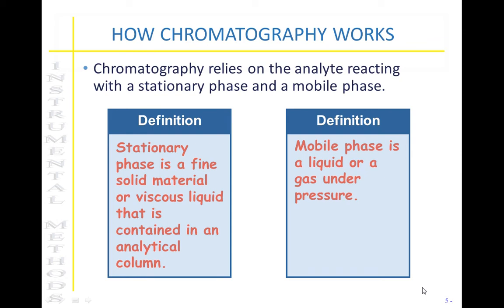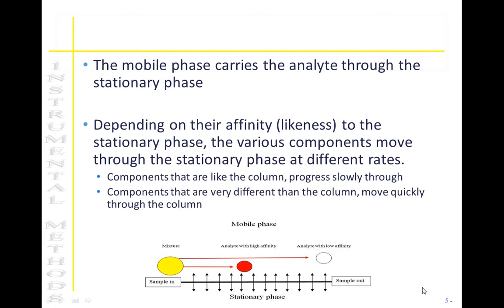The mobile phase can either be a liquid or a gas under pressure. The mobile phase is going to carry the analyte through the stationary phase. And very similar to our solid phase extraction process, depending on the affinity or the likeness of the analyte to the stationary phase, some components are going to move through that column at different rates.